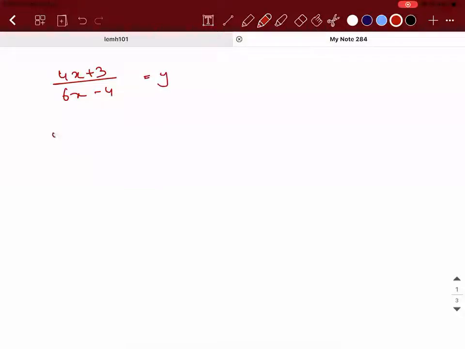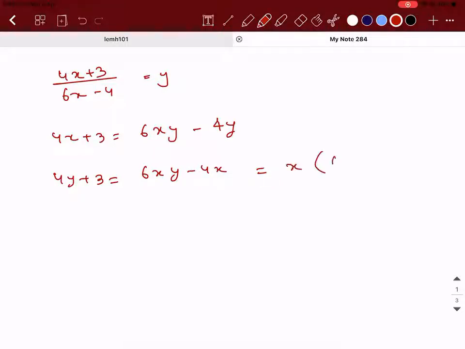Then what are we supposed to do? 4x plus 3 is equal to 6xy minus 4y. But I want x in terms of y, no? X into 6y minus 4. So x will be equal to 4y plus 3 divided by 6y minus 4.